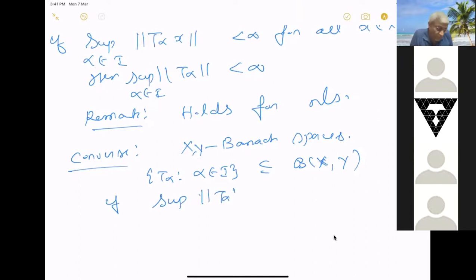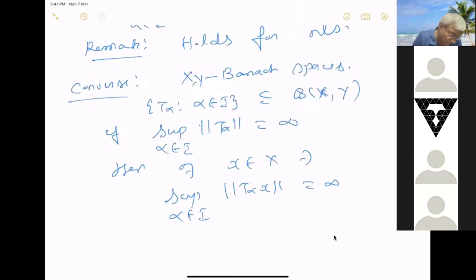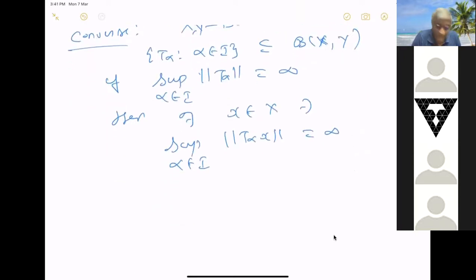If it is not uniformly bounded, then there is some x for which the family is not pointwise bounded. Indeed, this is an exercise. The Baire category theorem says the following: if you have a family of open dense subsets of a complete metric space, then the intersection of those open dense subsets is dense.